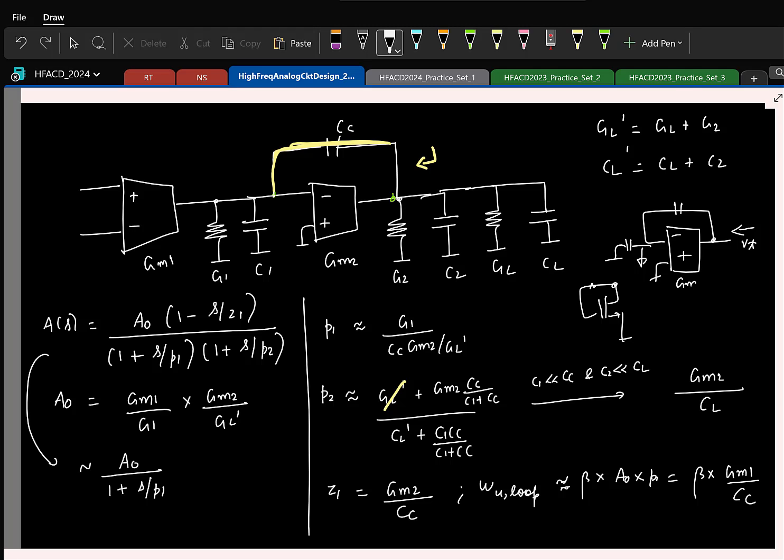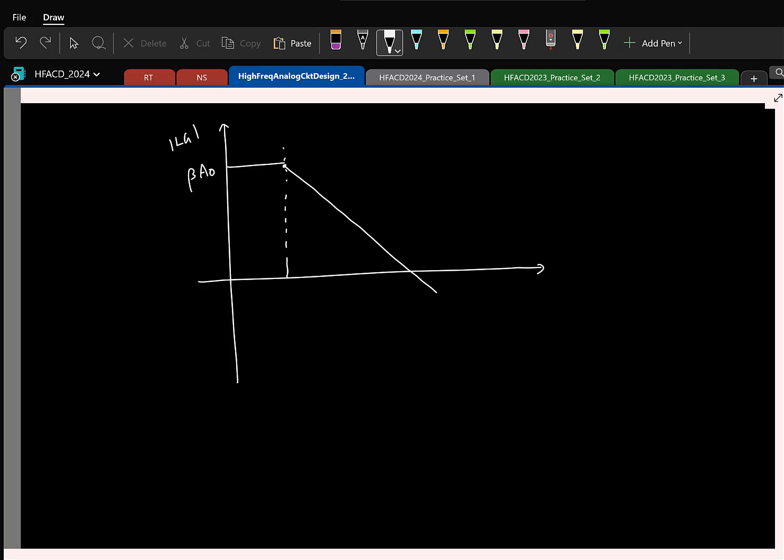Great. So here, if we try to sketch the Bode plot, let's see how we'll have. So let me sketch the magnitude of the loop gain. It starts from some DC gain A0. We have the low frequency pole. It falls at minus 20 dB per decade. So this is the unity loop gain frequency, which is beta times Gm1 by Cc.